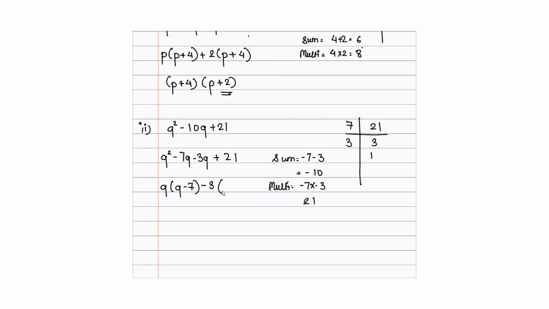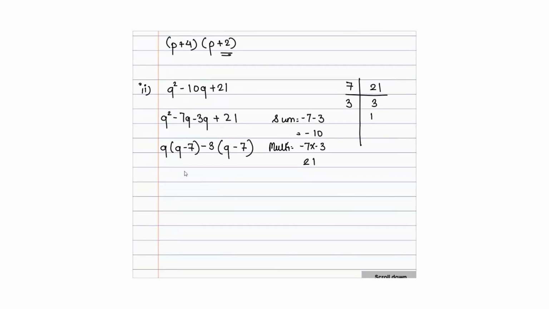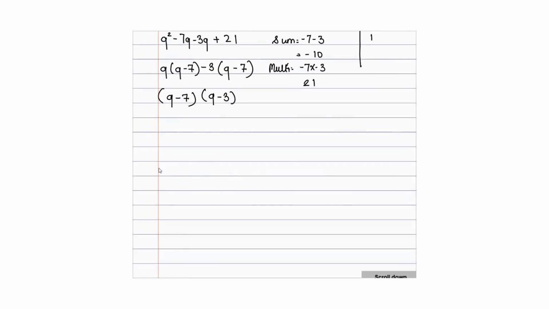So if I have taken minus 3 as common, this will be q minus 7. From both of them, taking q minus 7 as common, q minus 3 will remain, and this will be our answer, q minus 7 and q minus 3. Okay, understood?